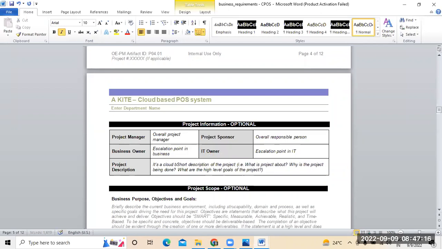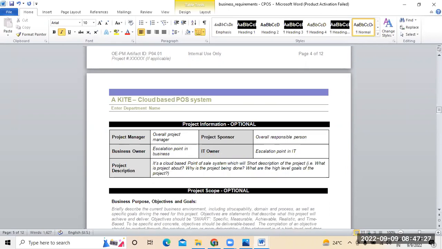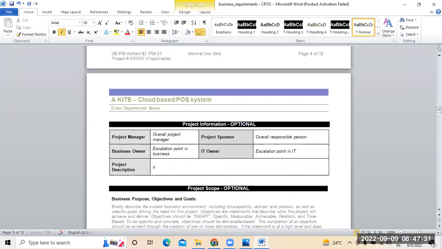It's a cloud-based point of sale system which can be used by the retailers with the help of their laptop, using their systems, whatever it is, right?